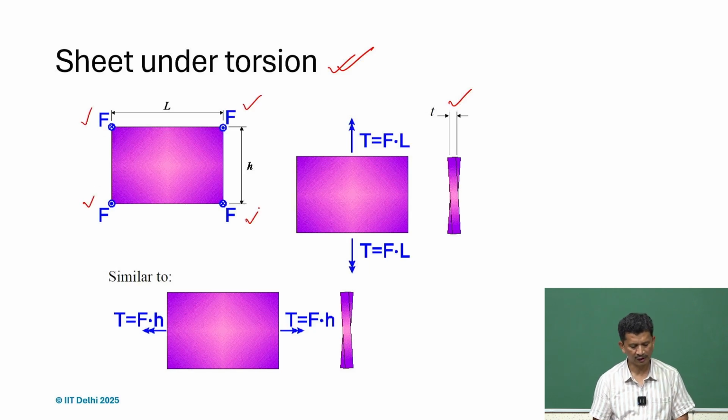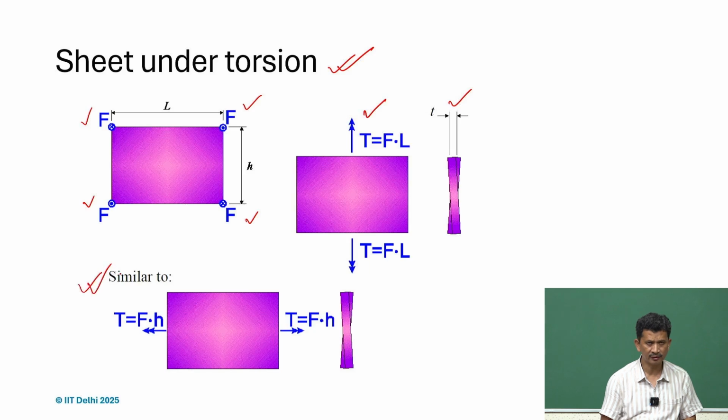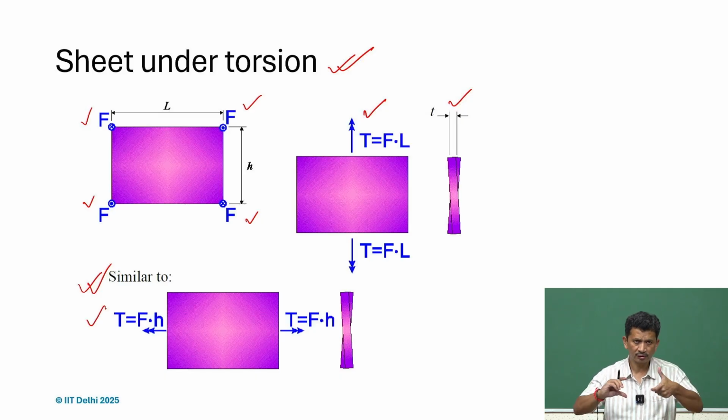In one direction, the torque applied because of this twisting, from the forces at the far-end corners, is F times L. But from the other direction it is also the same: T will be F times H, and the twist will be the same. So either way is the same.